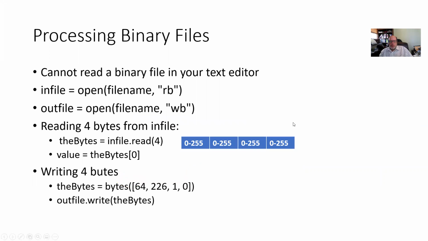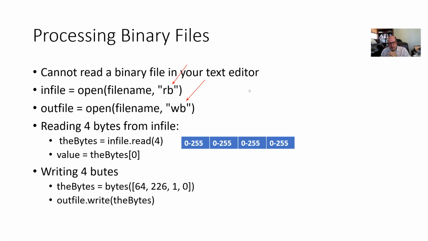If I have a file for binary, I am going to be putting the letter B for binary. So when I'm reading or writing, I can do read or write as a binary. That means I'm going to open it up and read it as a binary, and write it as a binary.